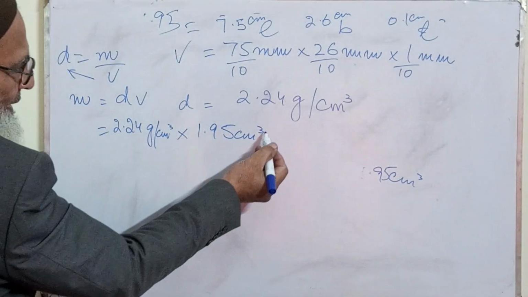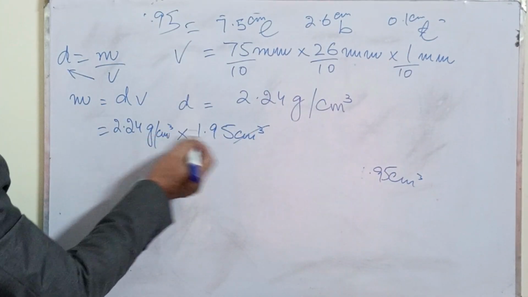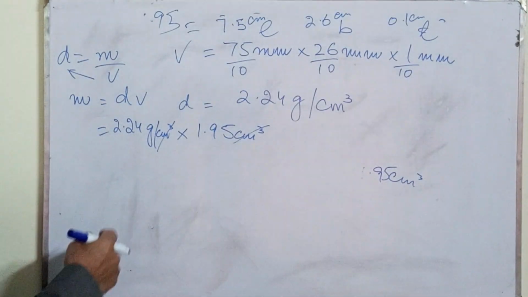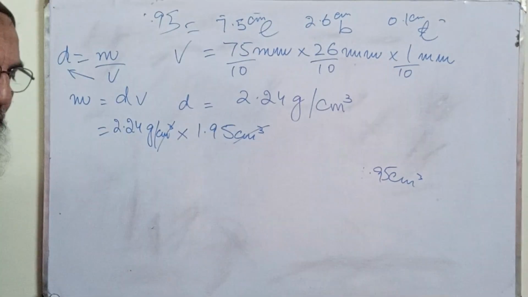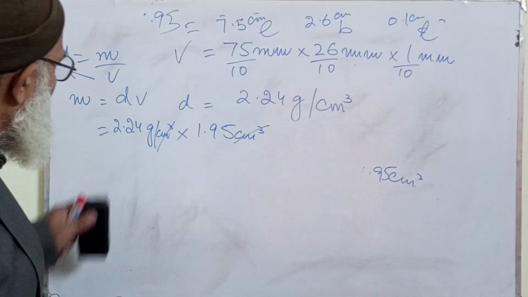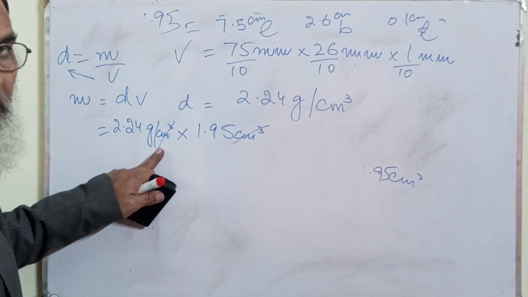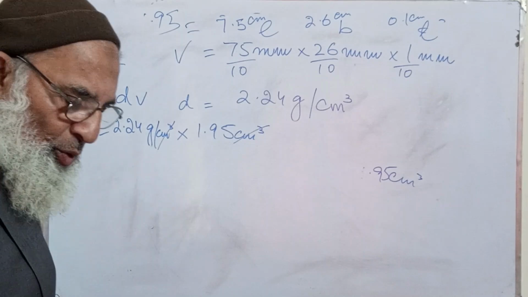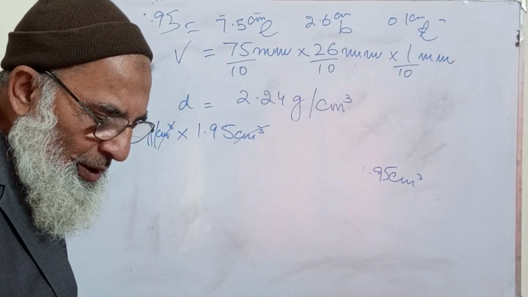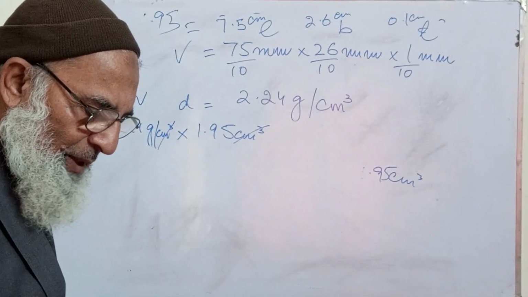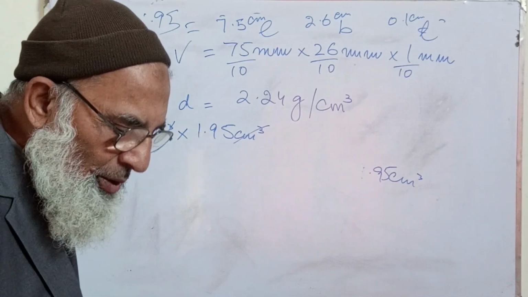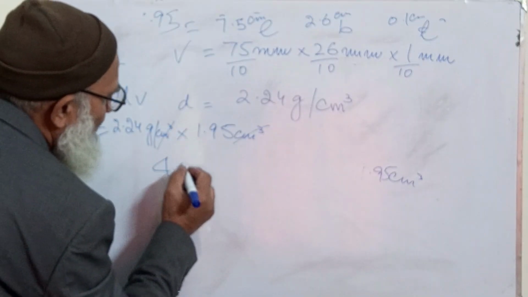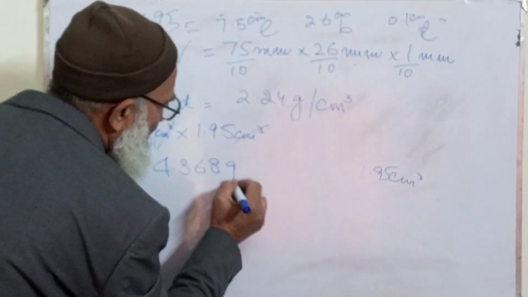Now you see that this centimeter cube is in the numerator and this is in the denominator, so both will cancel and the numerical values will be multiplied. 2.24 multiplied by 1.95 is equal to 4.368 grams.